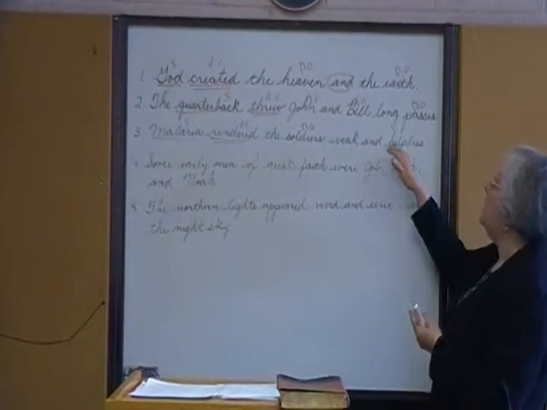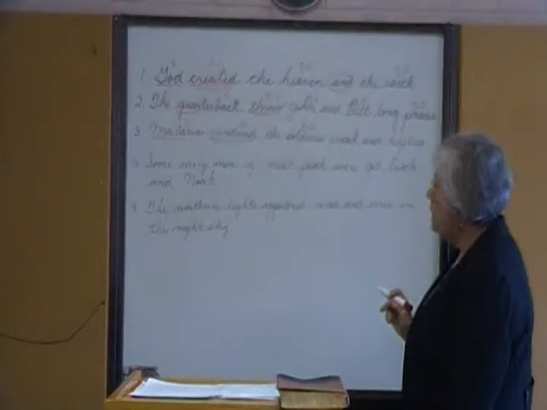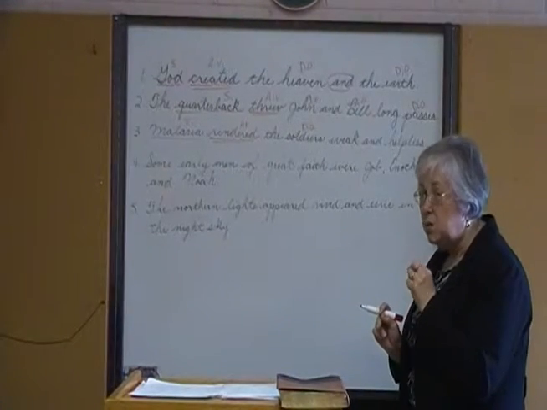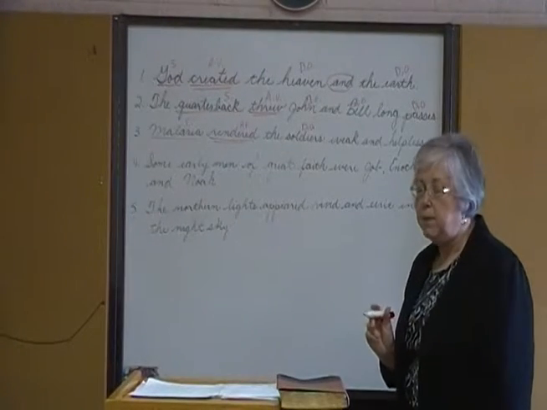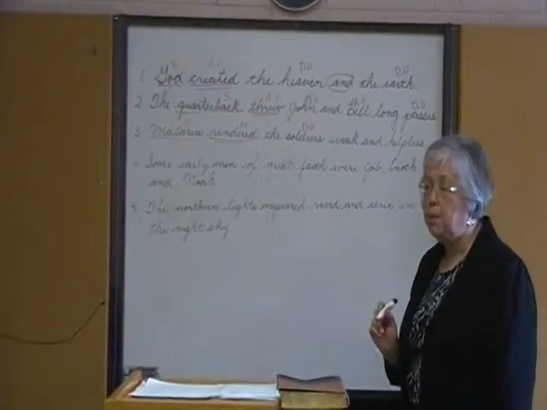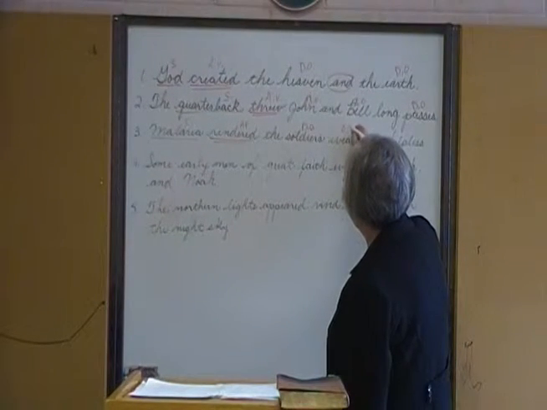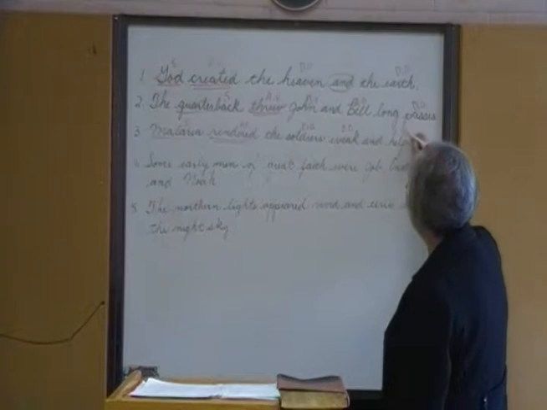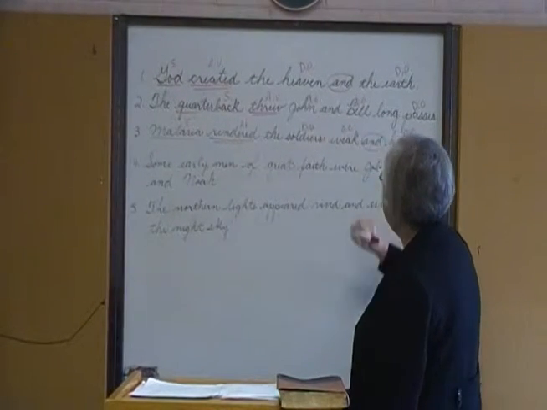So let's see what additional complements we have. Rendered the soldiers to be weak, helpless. Weak, helpless are objective complements. They're complementing the direct object. It's an OC, objective complement, and an OC joined by and.